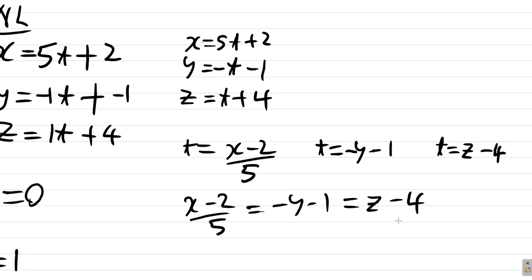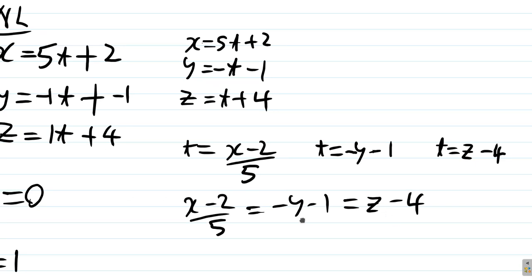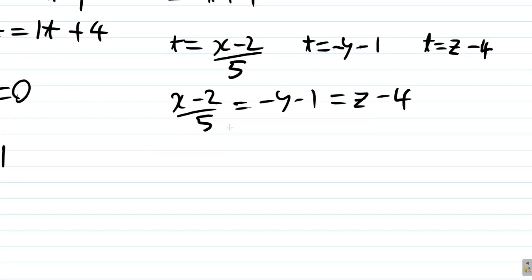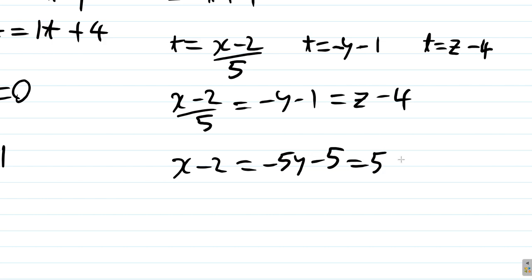Okay? And if you want everything to be flat, no denominator, multiply by 5. So you'd have x minus 2 equals negative 5y minus 5, also equal to 5z minus 20. So that's what you would have there, right?